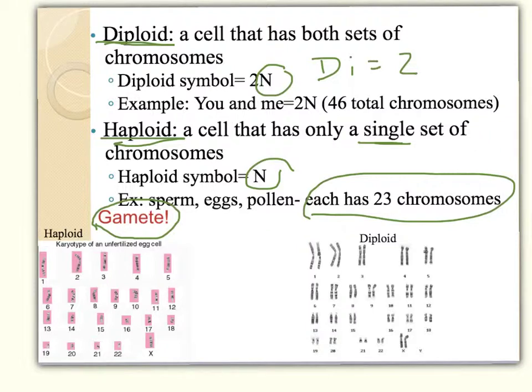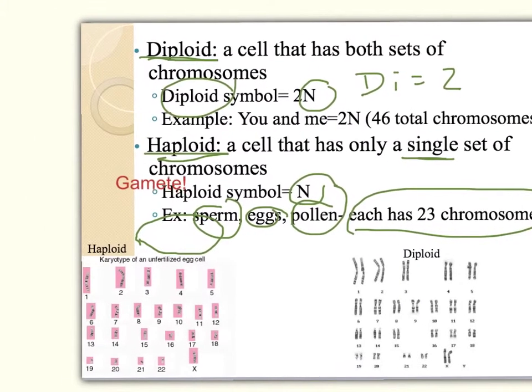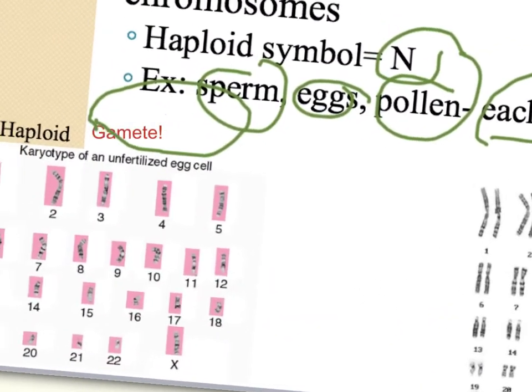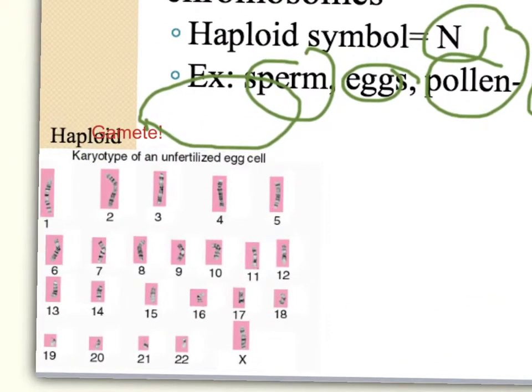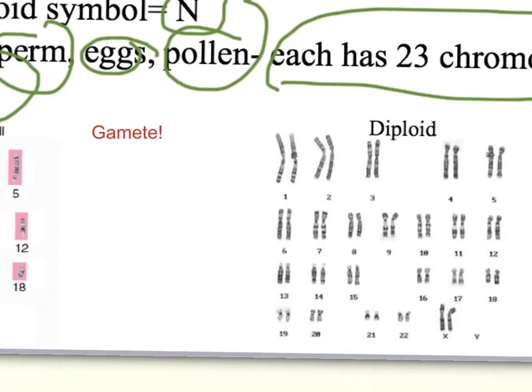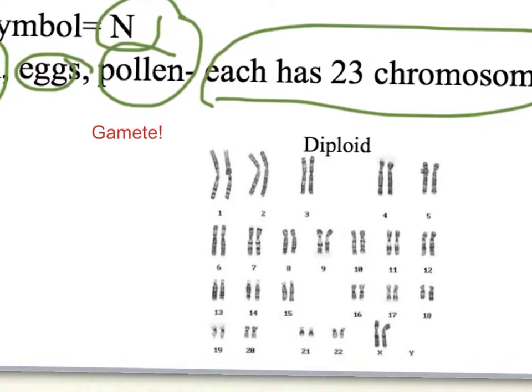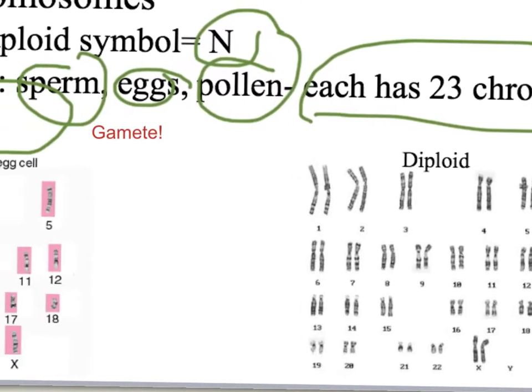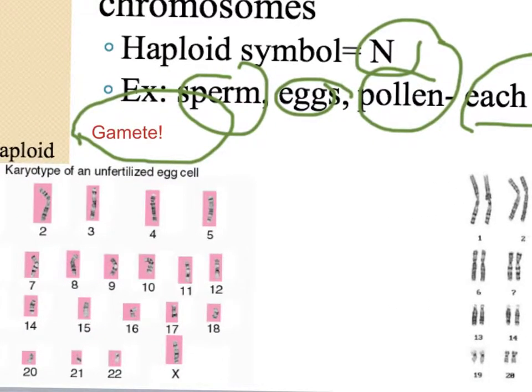These gametes and haploid cells are waiting to be fertilized in order to create a diploid organism or an adult organism. Here is a karyotype of a haploid. See how it just has one set of each chromosome? Versus a diploid, which has two sets of each chromosome. And hey, look, gamete is following us around the page.